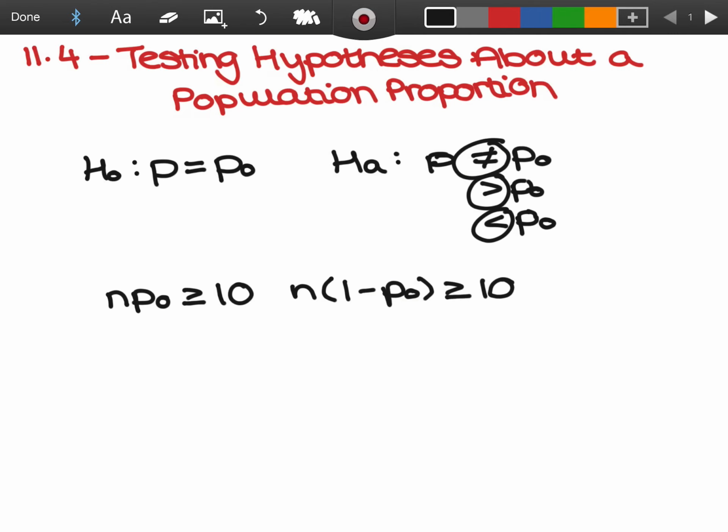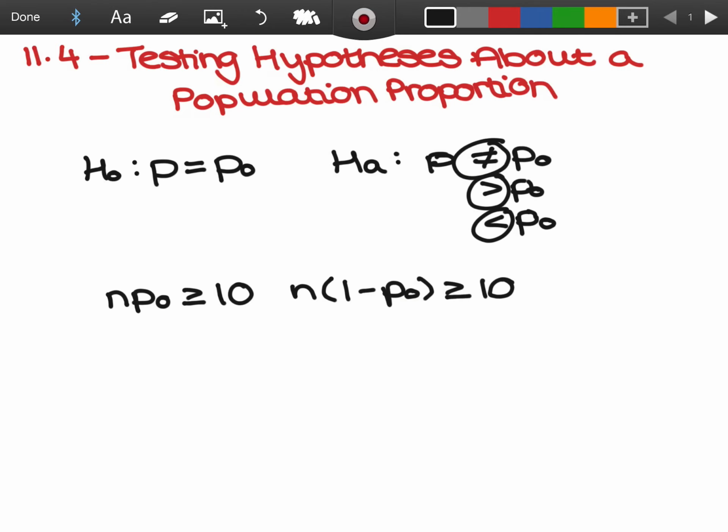Multiply that by the sample size, and that also has to be greater than or equal to 10. What this basically ensures is that your sample size is large enough. So as we had before when we dealt with means, we either had to have a normally distributed population or you had to have a sample size that was at least 30. Now we have these two conditions when we deal with proportions instead of means, okay? You shouldn't have to worry about this too much. They don't tend to bring this up. It's just something to be aware of, okay?